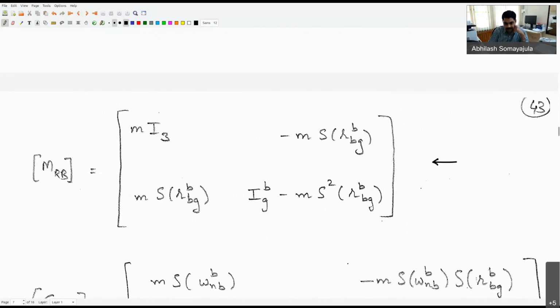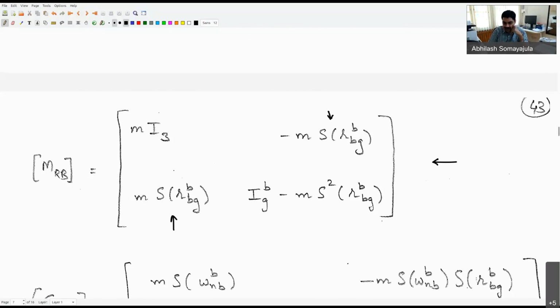Yes. See, the only difference here is previously these 3 cross 3 sub-matrices were zeros when we had the mass matrix expressed about the center of gravity, isn't it? Yes, sir.